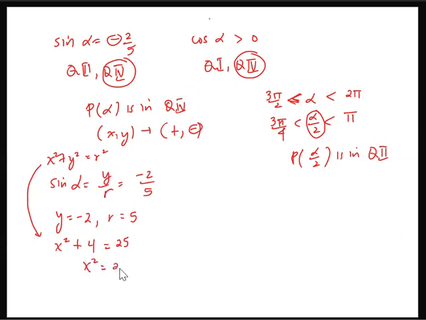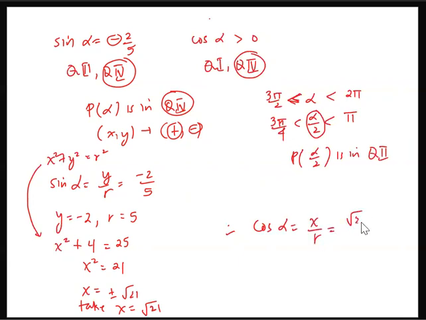So that means x squared is positive 21. And then solving for x, we get plus minus square root of 21. But since the terminal point of alpha is in quadrant 4, then the x coordinate must be positive. So we have to take x equal to positive square root of 21. So that means cosine of alpha is x over r, which is square root of 21 over 5.